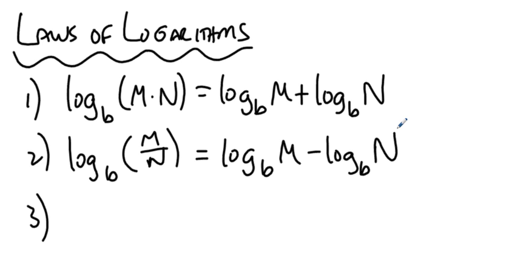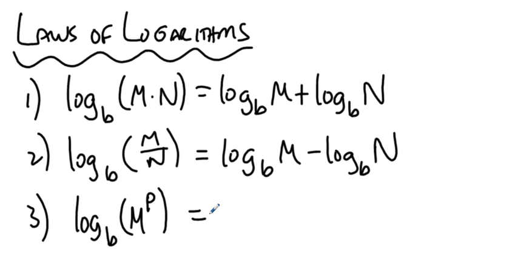And then third, if I have a log of some number to a power, well, this is just repeated multiplication, m times m times m times m times m, p times. And so that's just log of m plus log of m plus log of m, p times. That's just p copies of the log of m.